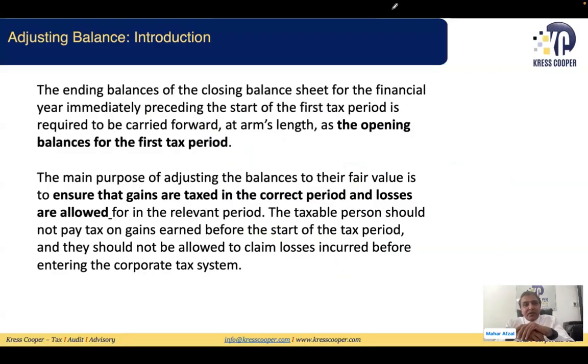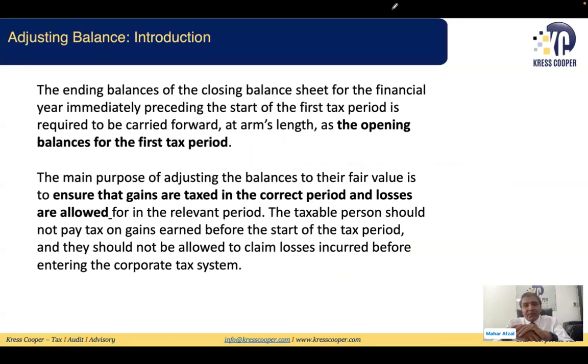So, the introduction: as I mentioned earlier, the law requires that the closing balance taken from the balance sheet from the latest financial year should be carried forward as an opening balance for the first tax period. These balances should be based on the arm's length principle. I told the reason as well.